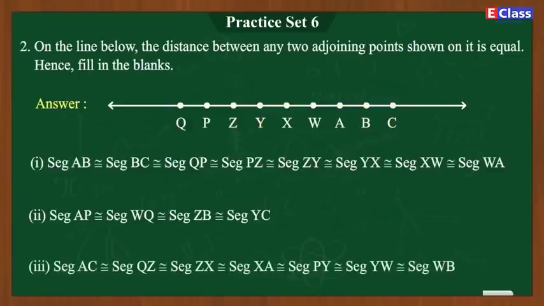Segment AC is congruent to segment QZ, which is congruent to segment ZX, which is congruent to segment XA, which is congruent to segment PY, which is congruent to segment YW, which is congruent to segment WB. Students, I have solved 3 sub-questions of the second question of this practice set. Now you have to solve the remaining sub-questions on your own for your better practice.